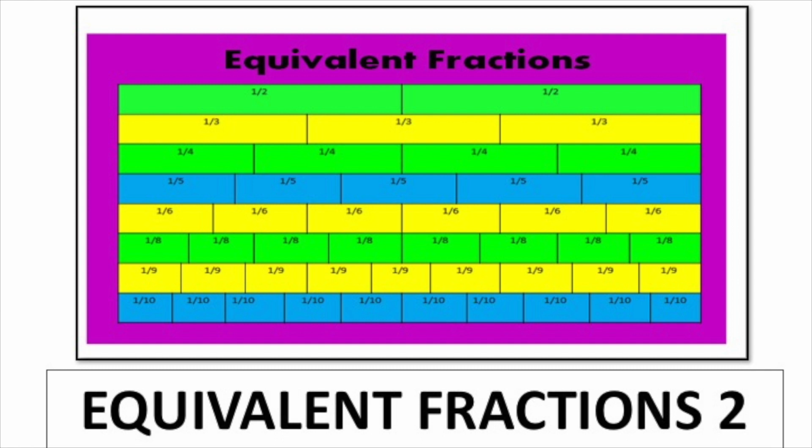And then 1 over 3, how many? 3. But added together, they actually represent the same amount. Let's look at the next one, 1 over 4. But if you look at the bars, it's the same distance. They're different fractions for the same amount. Equivalent.